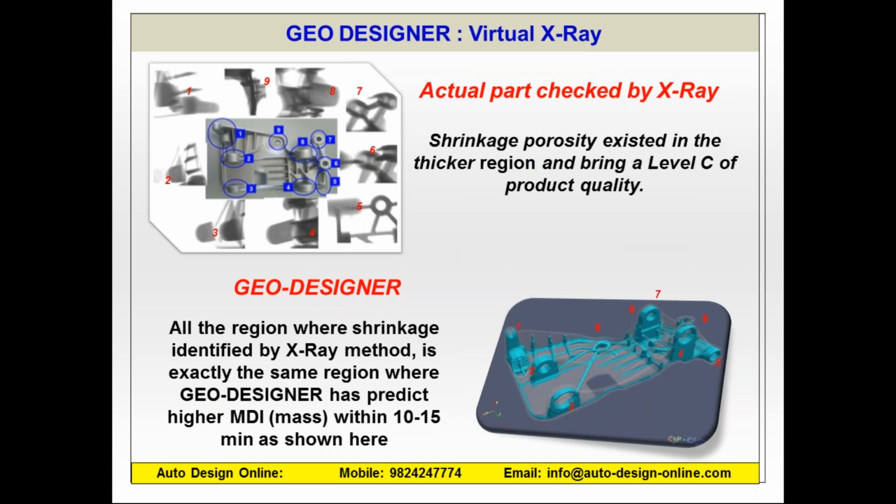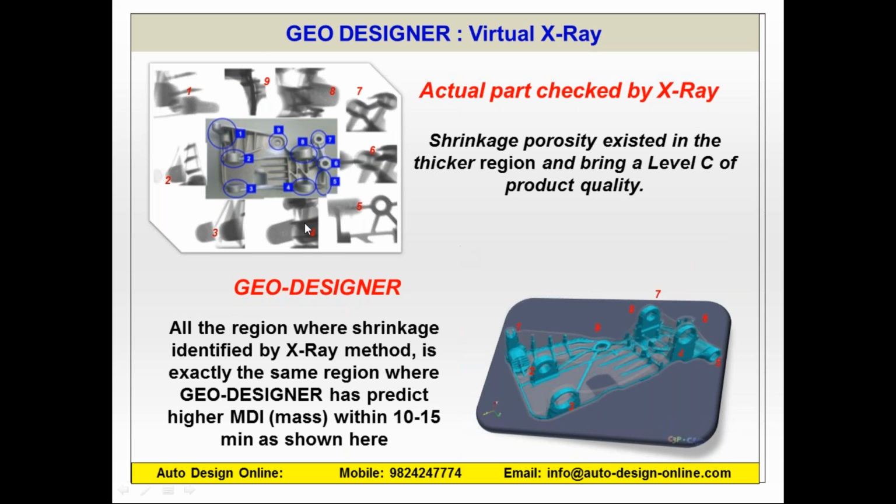It could be, as I said, as good as your virtual X-ray method. Now what you see here is that the left side image on the top is showing the actual casting part and the X-ray result. That means locations 1 to 9 are the actual locations where this casting part was taken in the foundry trial, and these are the locations where shrinkage was found using X-ray.